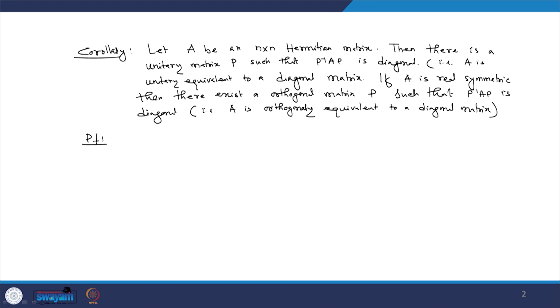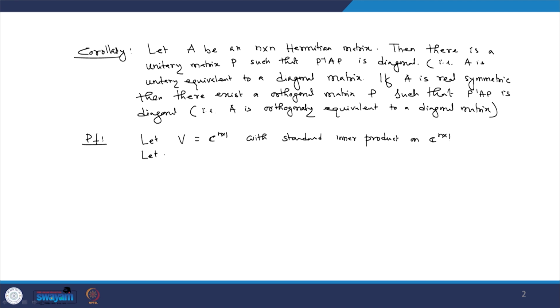So, let me consider V equal to C n cross 1, the space of all n cross 1 column vectors over the complex plane C with the standard inner product on C n cross 1.